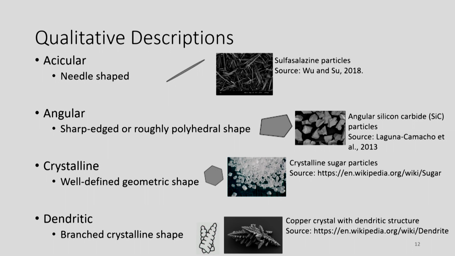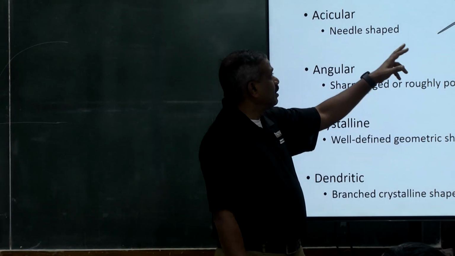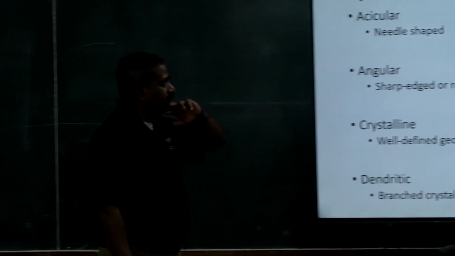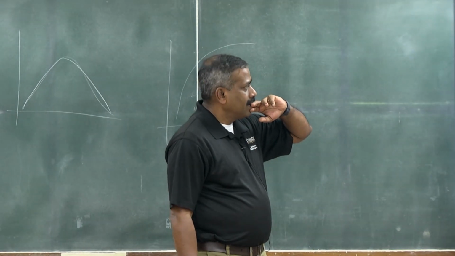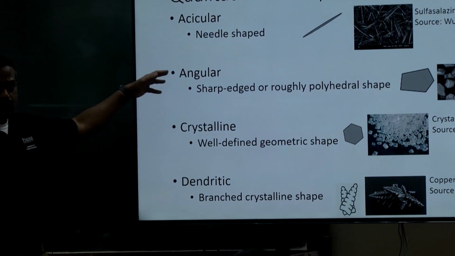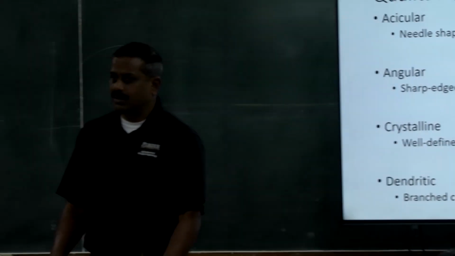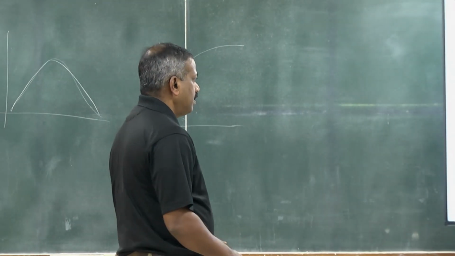Needle shapes are very common, right? If you take any type of fibrous material, if you're milling some grains and so on, most of the fiber materials will be this kind of acicular or needle shape. Angular, I might not see a lot in food powders, but if it's purely crystalline, then you might see some angular particles.